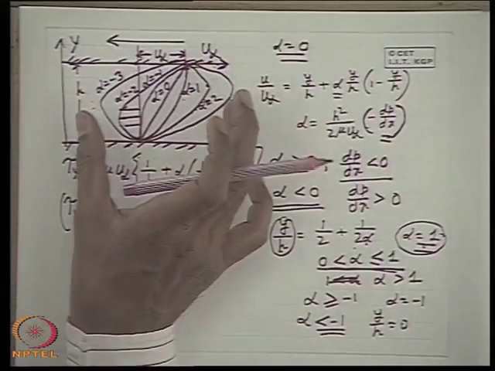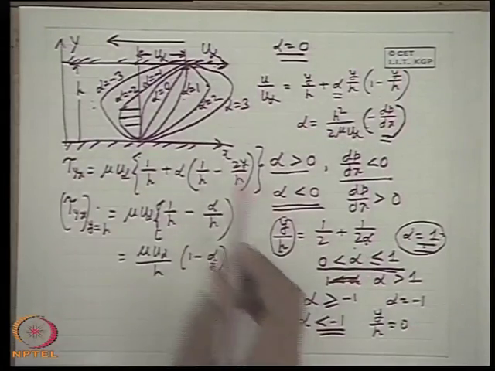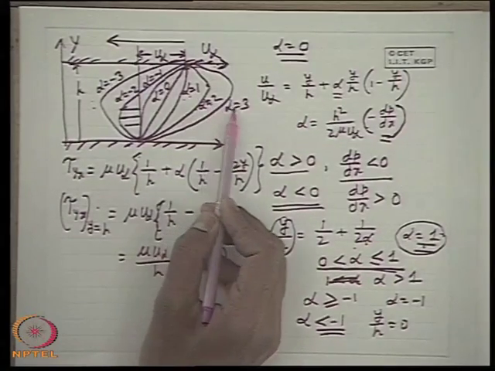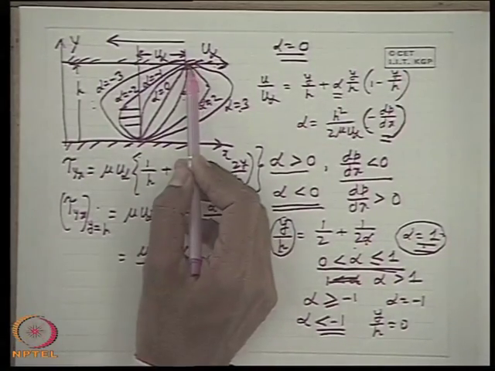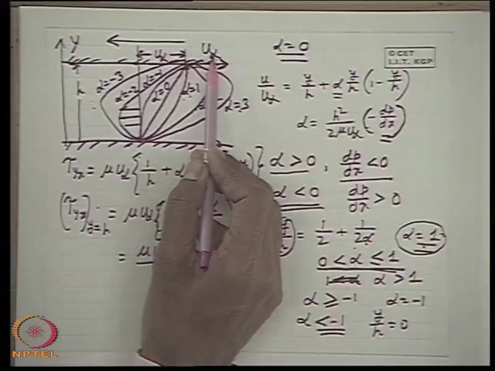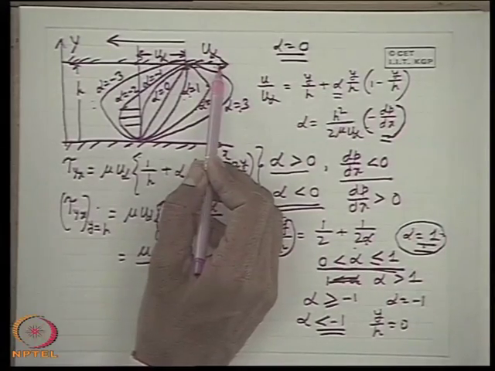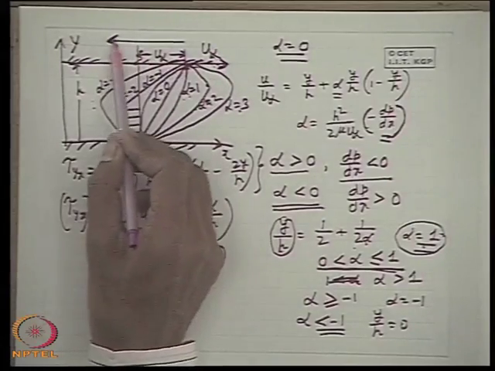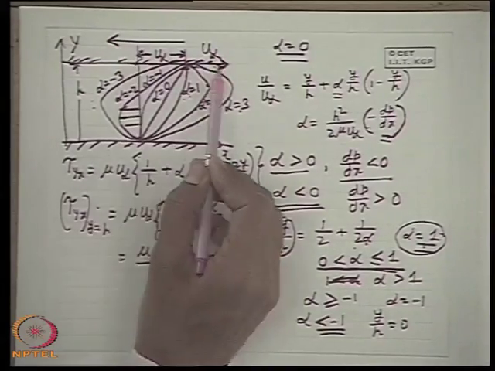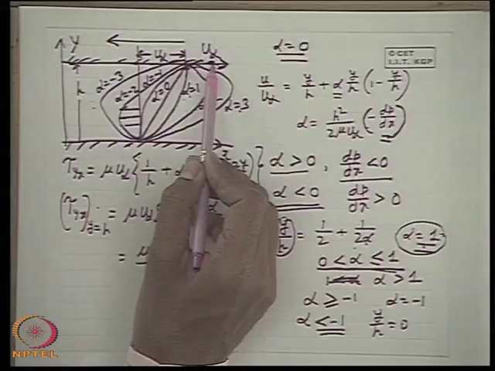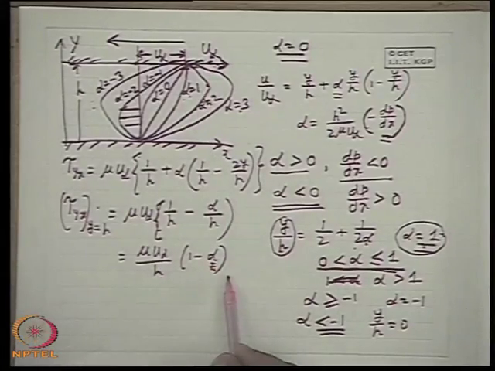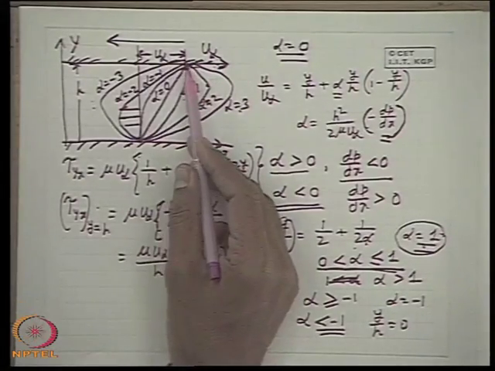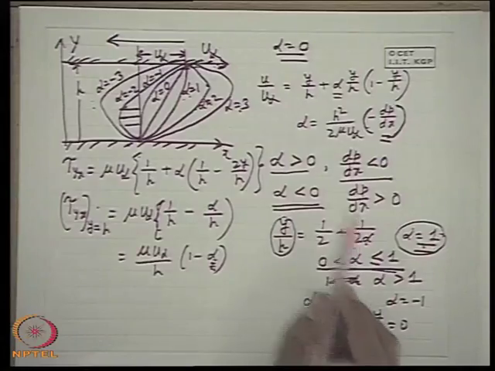Because in that case the favorable pressure gradient corresponding to alpha equal to 2, 3 will cause a velocity at y is equal to h more than u infinity. That means if a plate is kept free, it will move with a velocity more than u infinity. So a retarding force, or a force in the opposite direction, has to be applied to keep the plate moving with u infinity, for which the shear stress direction changes. At alpha equal to 1, there is no shear stress, there is no drag force required to move the plate.